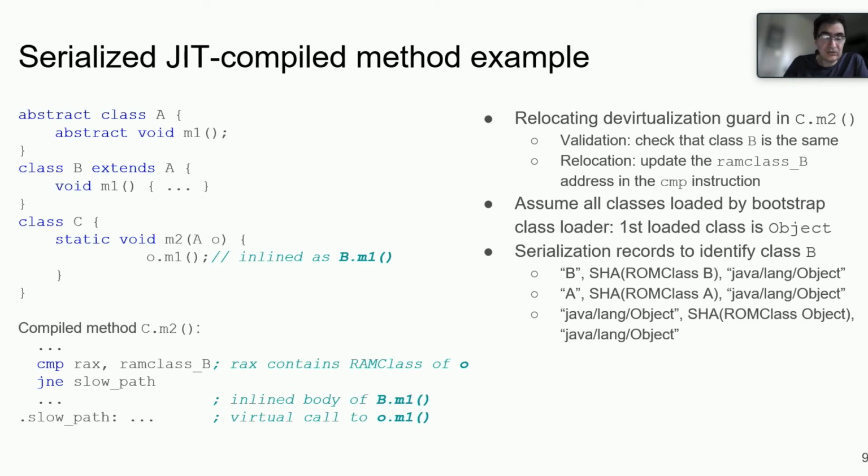With the class loader in hand and name B in hand, it finds the RAM class corresponding to B, and from there, the ROM class B. It then compares the SHA-256 of its ROM class B to the SHA-256 received from the server, and it does the same for classes A and java.lang.Object because they are on its inheritance chain. If everything matches, the client patches its own RAM class B over the guard here.